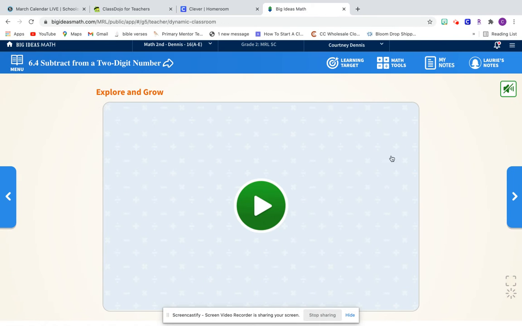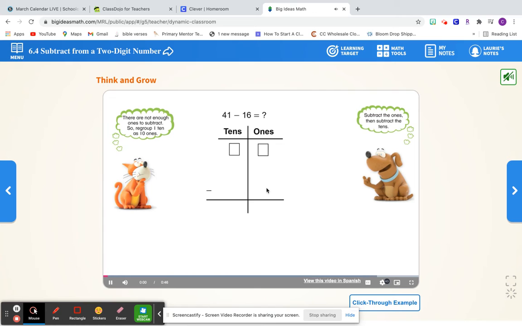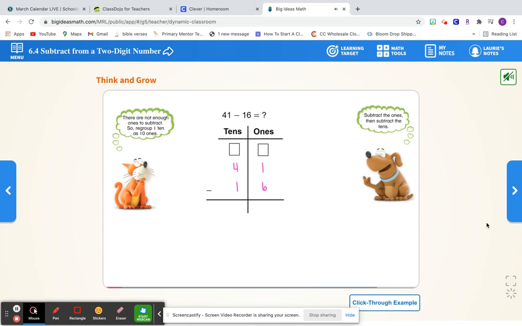All right, let's look at our Think and Grow. 41 minus 16 equals what number? There are not enough ones to subtract, so regroup 1 ten as 10 ones. There are 3 tens and 11 ones now.